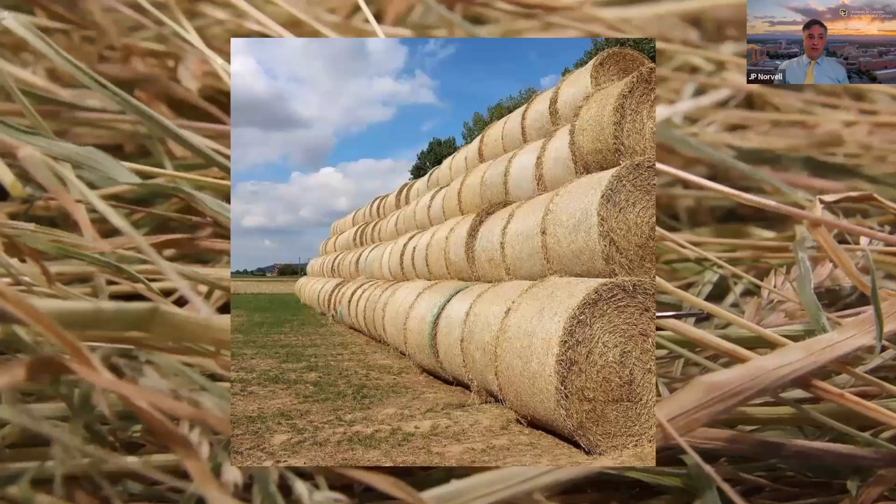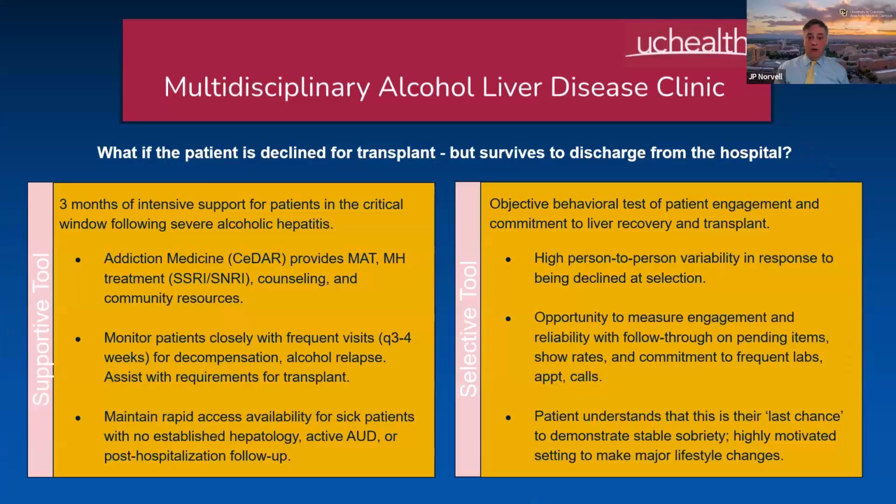So what about those patients that are in the haystack and not the needle, or at least not at the time that they are getting sick? One of the things that one of our recent graduates and new faculty members, Dr. Harding Theobald, along with Lisa Kenny at our Cedar unit here on campus, have developed in the past year is a multidisciplinary alcohol liver disease clinic, with great success, I would say.